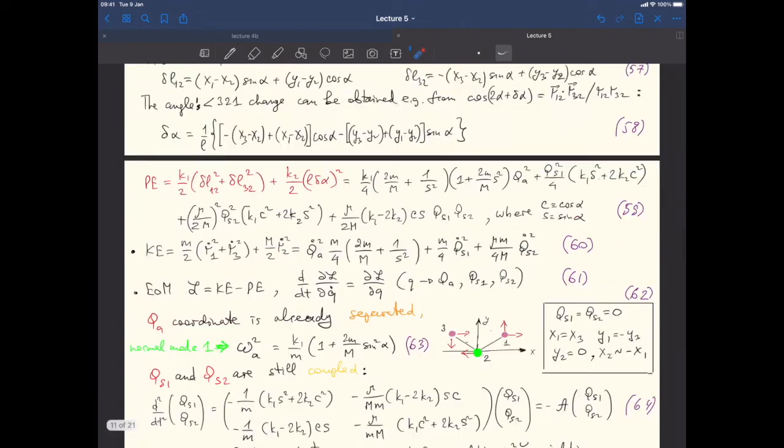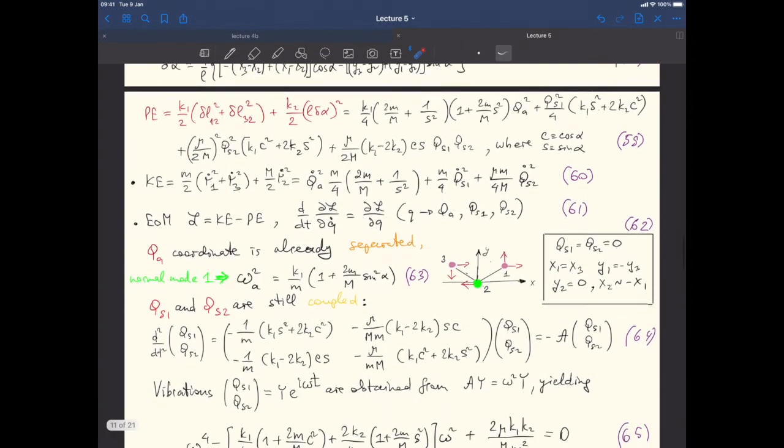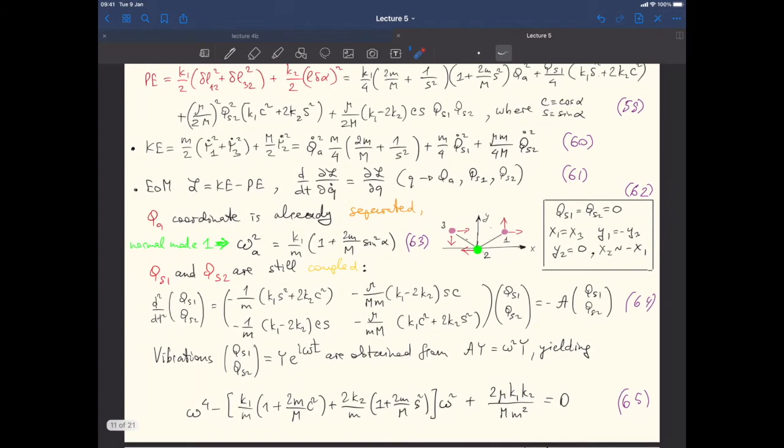And this is the case here because these are not Cartesian coordinates of our atoms. These are some generalized coordinates. And therefore, this Lagrangian formalism is quite appropriate in our case.